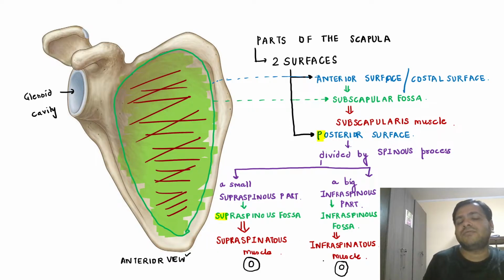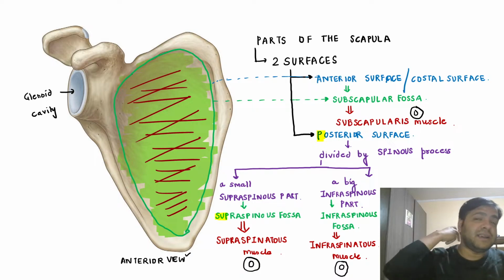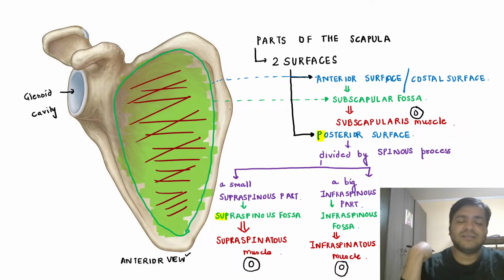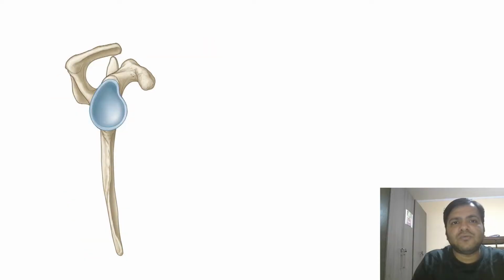The infraspinatus muscle also originates from the scapula, and even the subscapularis muscle originates from the scapula, because the scapula is closer to the midline compared to the humerus, right? Let me make one more picture.